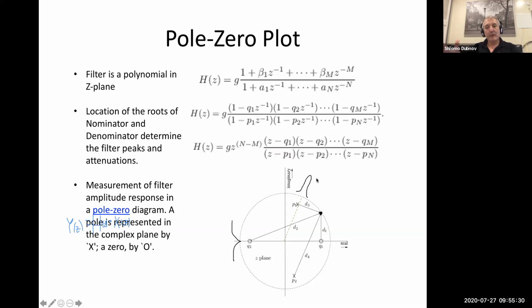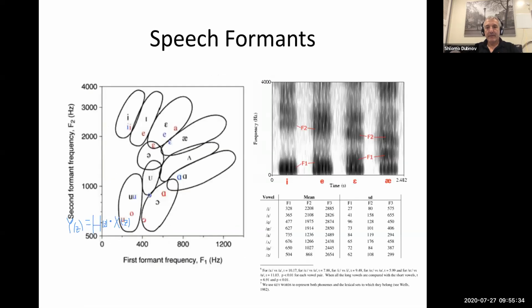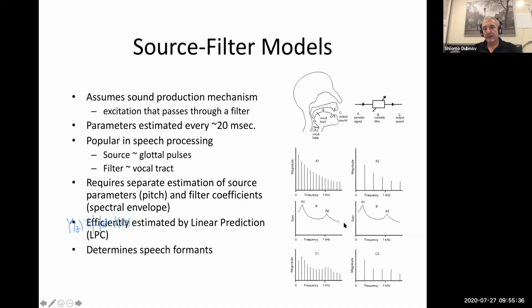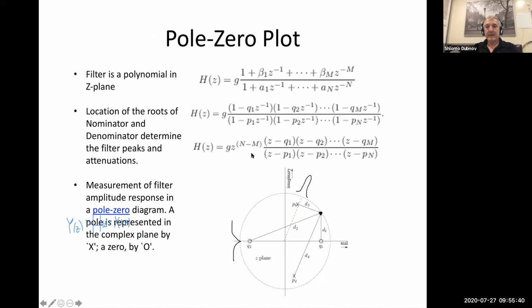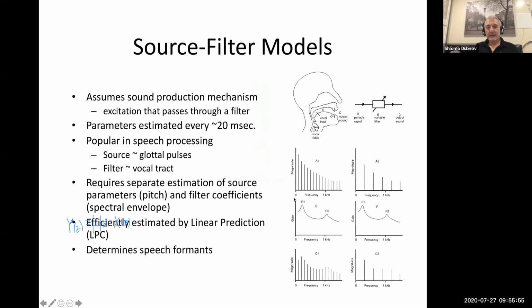The idea was to build a filter that has formants, with amplifications in specific locations. So the question is, how do we design a filter that has the amplifications in the right places? This is the general form of a filter, and what we see here is just the absolute value.